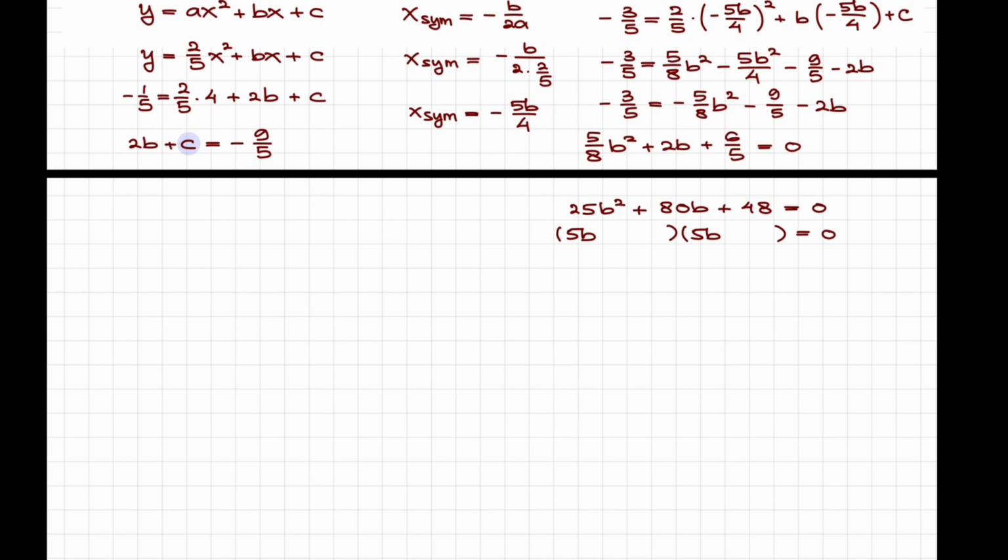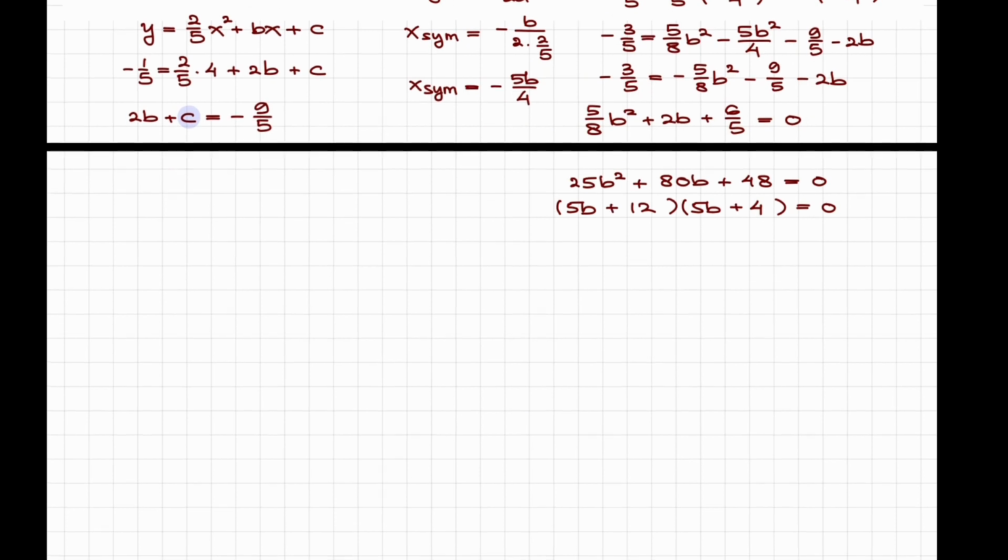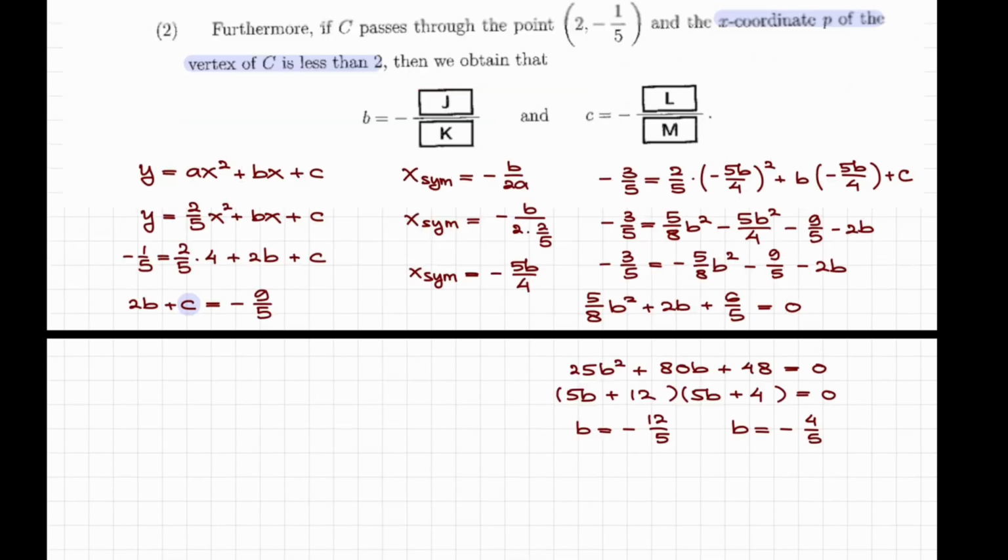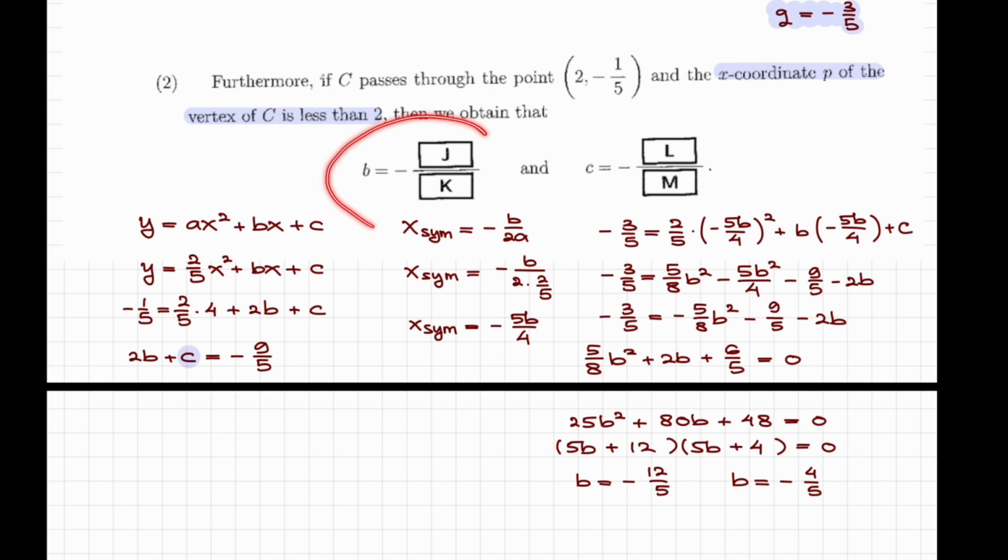For 12, negative 12, negative 4, plus, I think, plus 12, plus 4. That means my first possibility for b is negative 12/5, and my second answer is negative 4/5. If you see here, the format of b is j/k, so I think the correct answer is this one.